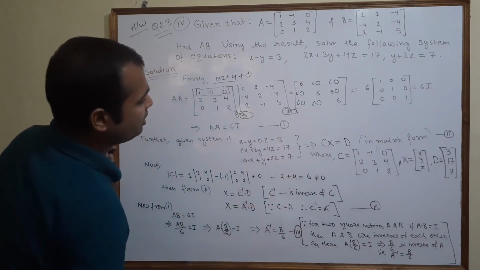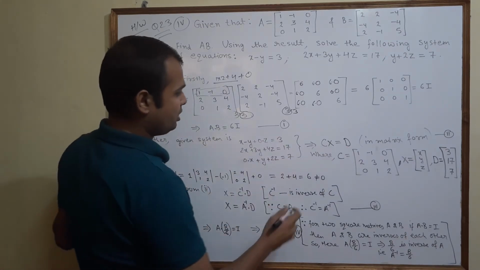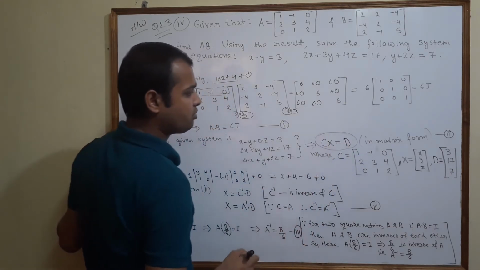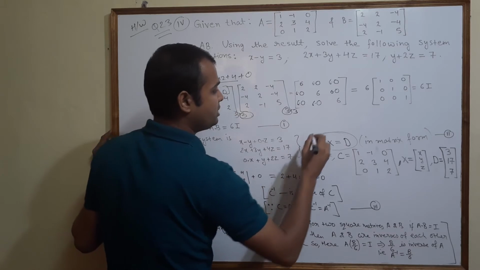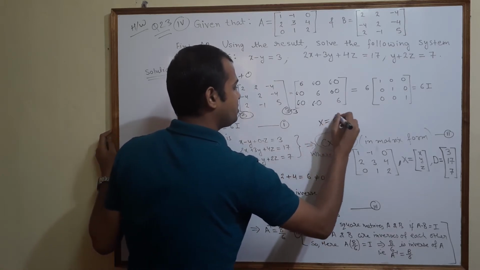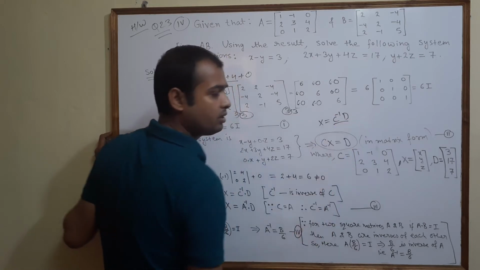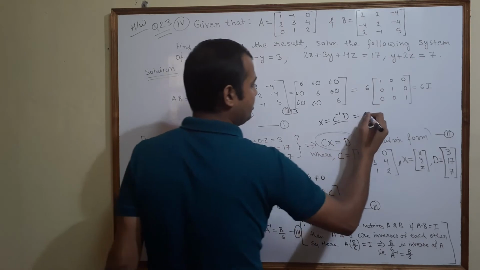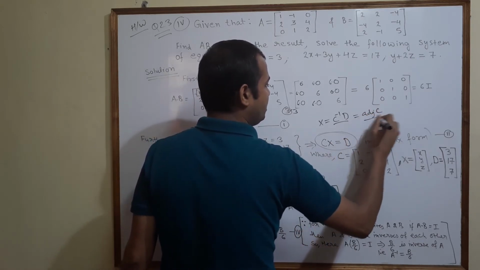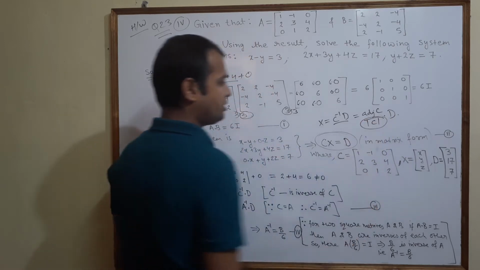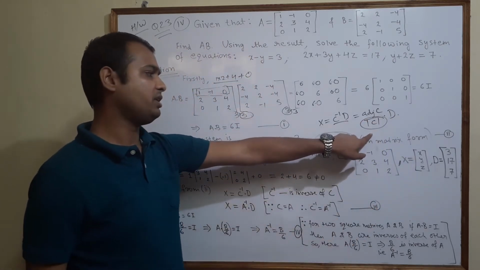Once you have written it in matrix form, you can use the matrix method: x is equal to C inverse D, which is equal to adjoint of C upon determinant of C. Clearly the determinant is coming in the denominator.